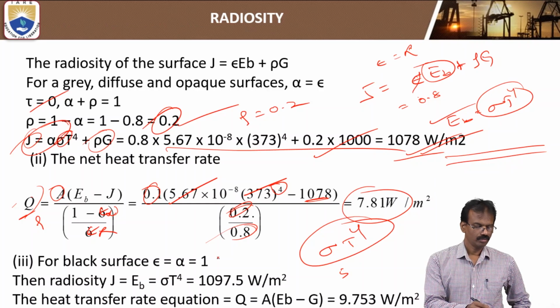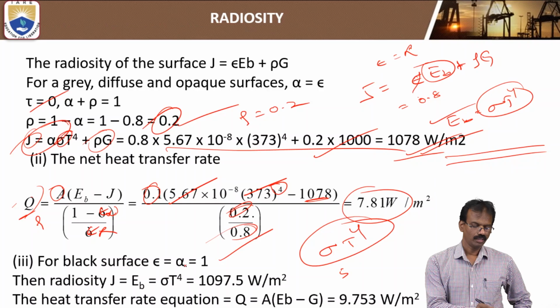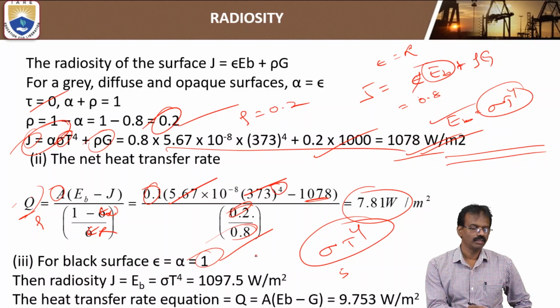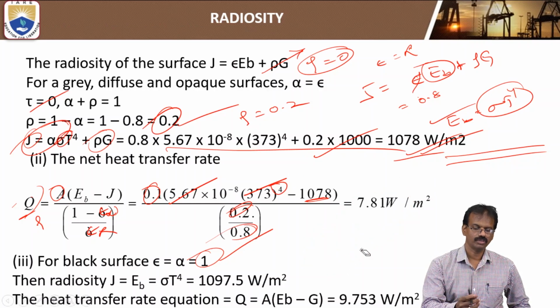So for the third one, if the surface is a black surface, it means emissivity is equal to alpha is equal to 1. Then rho is equal to 0, because emissivity is equal to 1. So automatically the radiosity J for black surfaces is EB into emissivity.